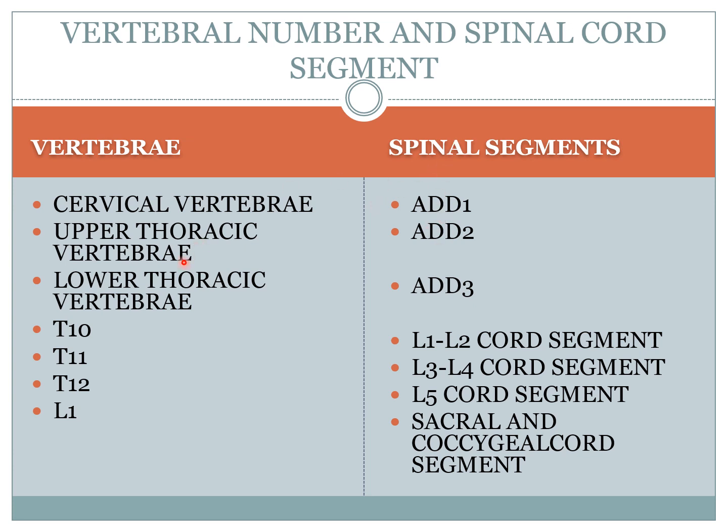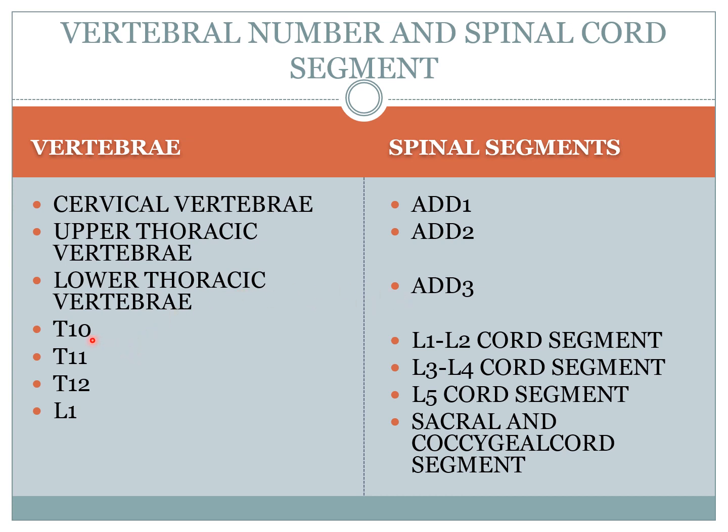In the upper thoracic vertebrae, we add 2. For example, at T4, we add 2 and it will be the 6th thoracic cord segment. Then in the lower thoracic vertebrae, we add 3. For example, at T5 we have T8, the 8th thoracic cord segment.